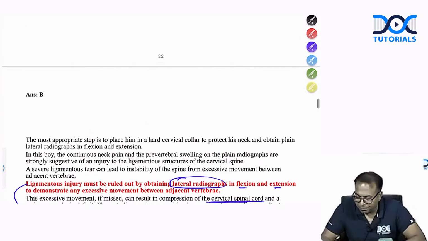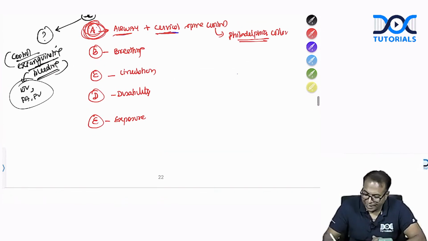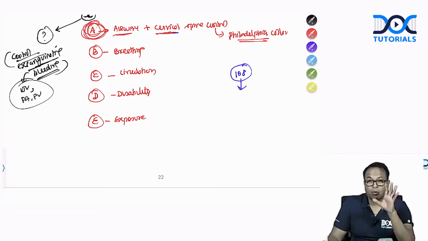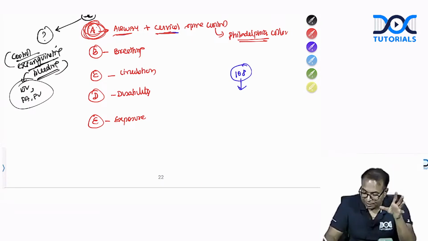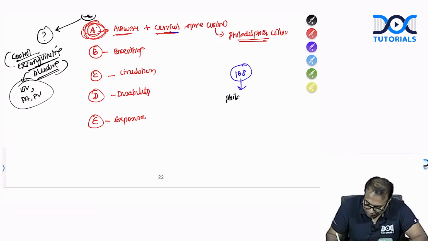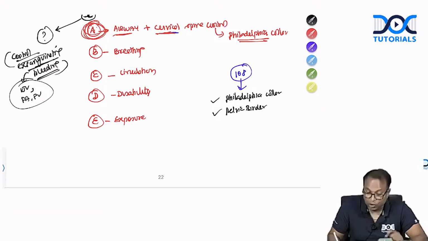When any trauma patient comes, the 108 ambulance staff will do three things. You know that 108 ambulance staff are trained in putting a Philadelphia collar. They will immediately put a Philadelphia collar. They will put a pelvic binder until you rule out pelvic fracture, and put the patient on a hard board.